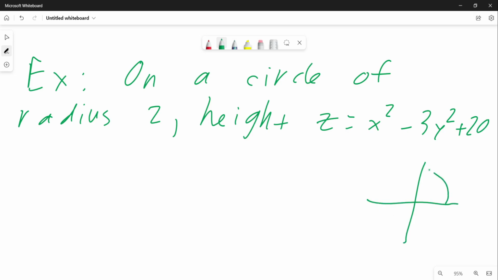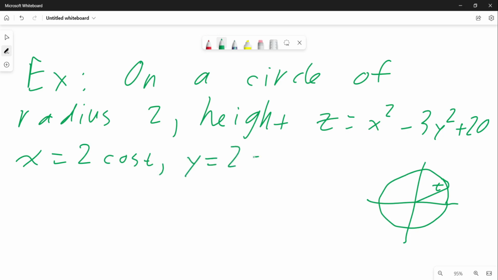So we have a circle going around this way. Let's parameterize this according to some t, which would represent the angle. We'll use the standard parameterization, which is to say x is 2 cosine of t, and y is 2 sine of t. So that's nothing new.